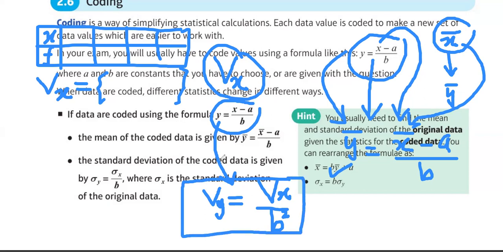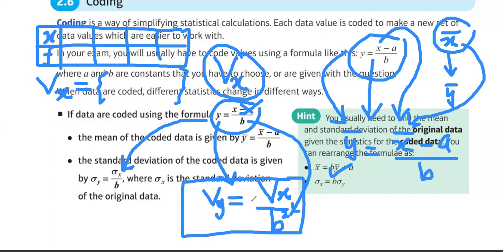How? Variance of y equals variance of x, but plus or minus does not depend on that. But multiplication or division affects it, like this, through squares. Also, this coding we can convert to standard deviation.